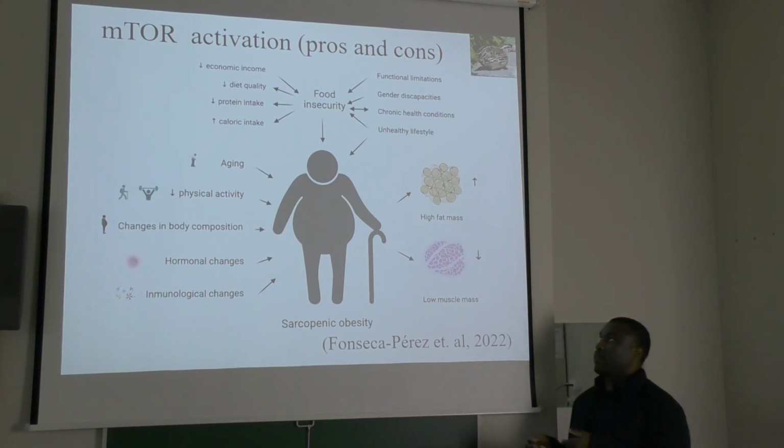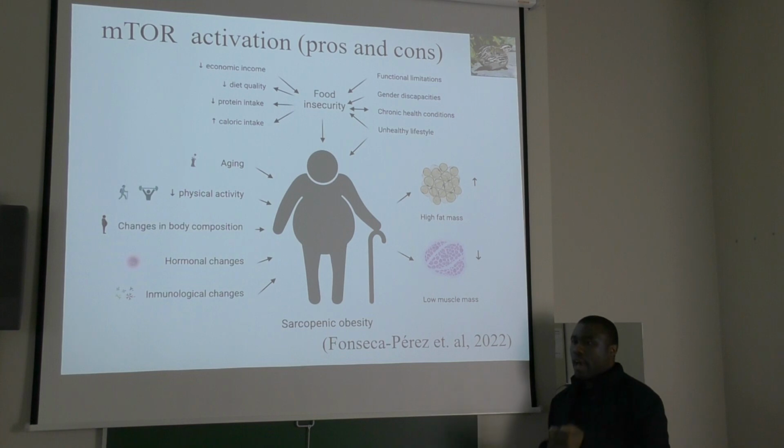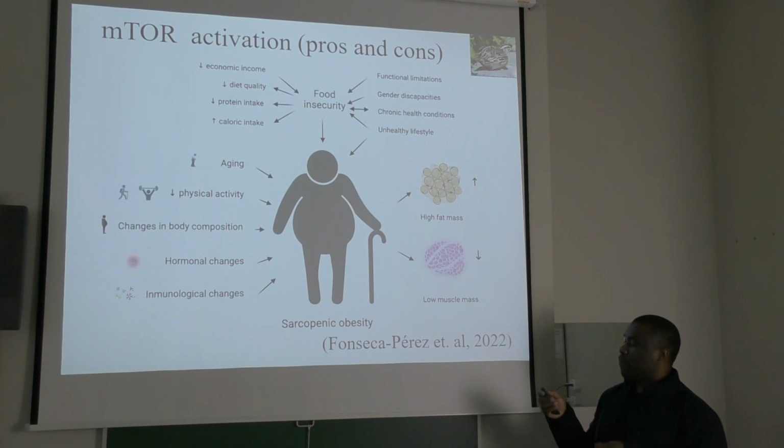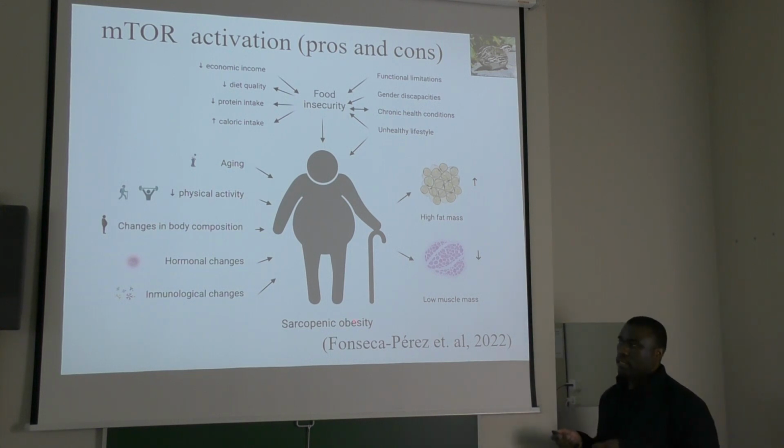During protein synthesis, at the younger stage there are high metabolic pathways related to protein synthesis as compared to older people. So if you are food insecure and your protein intake is low, and you have more energy-intake foods but of low quality, then you will get sarcopenic disease.